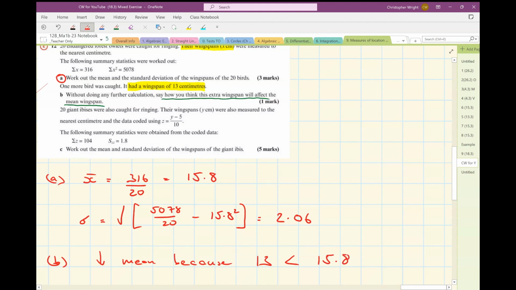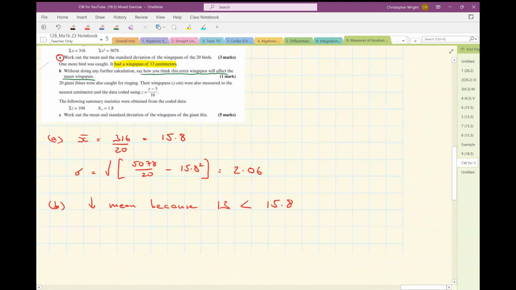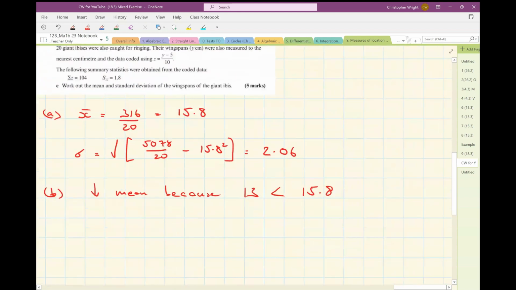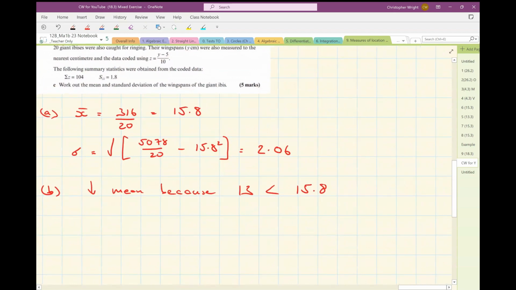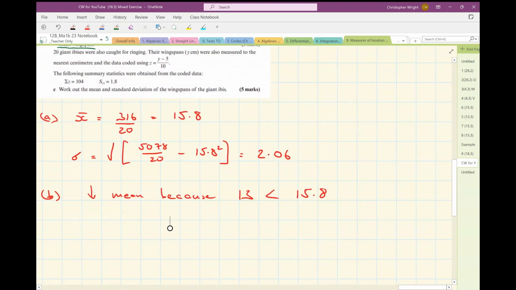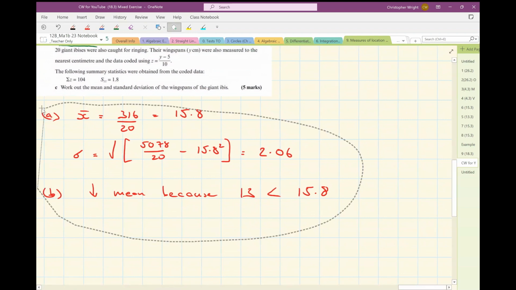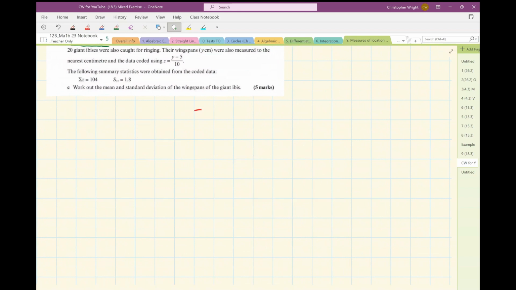Okay, right. Part C. 20 giant ibises were also caught for ringing. Their wingspans were as follows. Right, before I go any further, I'm just going to delete all this so that I can see what I'm doing for part C. So in part C, 20 giant ibises, N is 20, were caught for ringing.